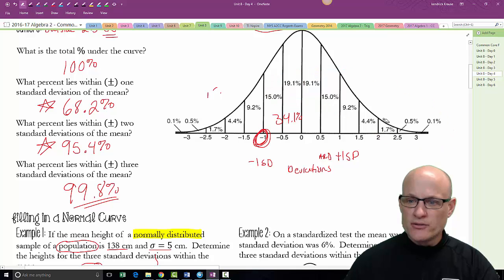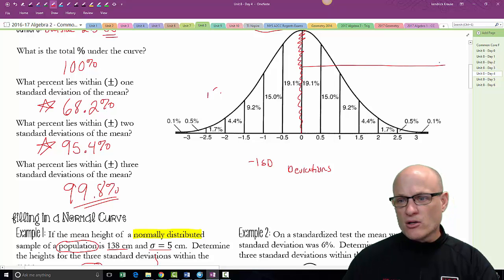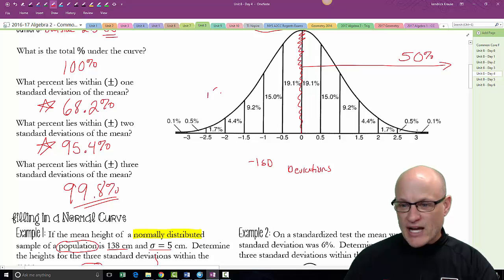So I don't want any of this. I want to start here. Now, if I went all the way over, I would have 50%. But I'm stopping right here. So I'm not going to include that 0.1%.